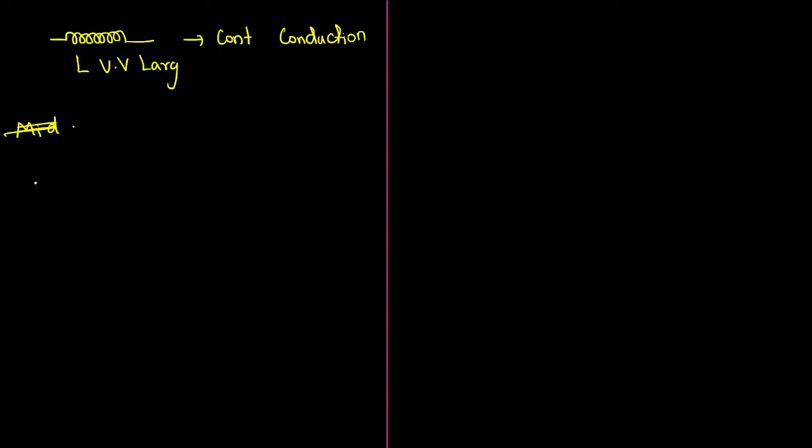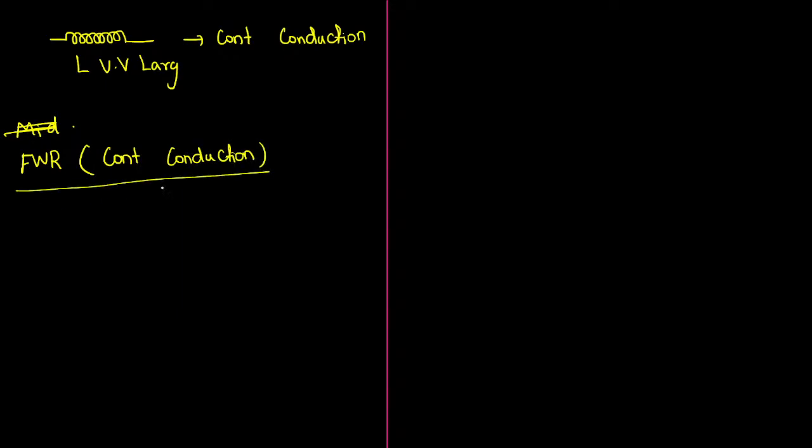Because there will be no changes in the output. For the full wave rectifier, basically in the examination 95% of the questions come directly from continuous conduction. Sometimes questions will also be there in discontinuous conduction.